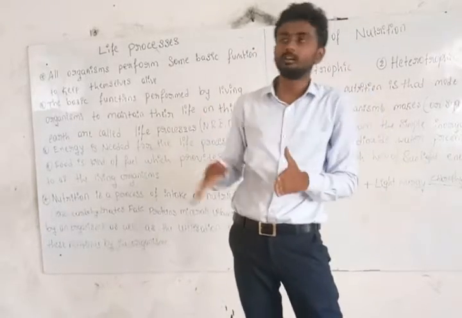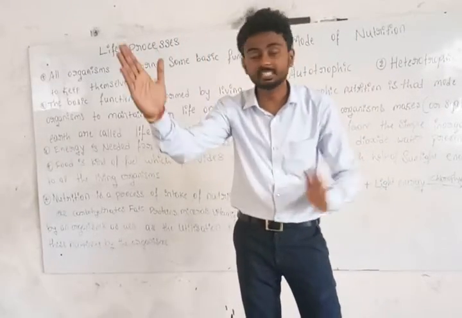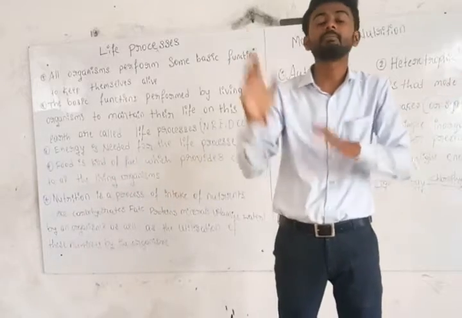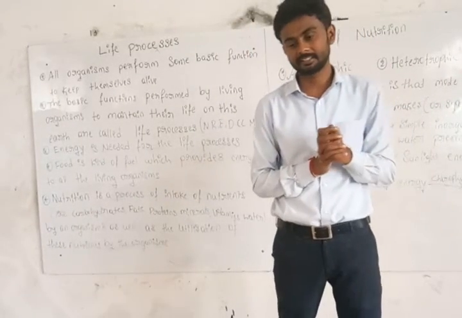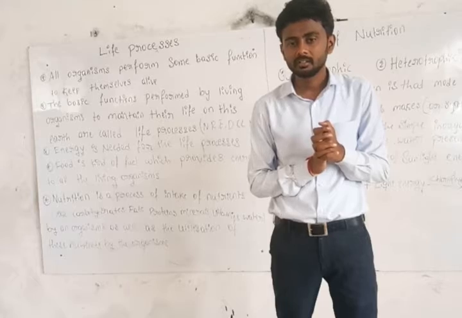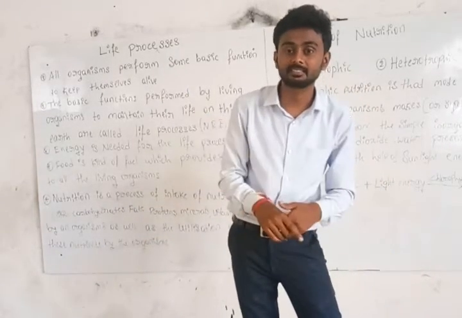Just observe and compare the biotic and abiotic, the living things and the non-living things. A lot of differences are there between living things and non-living things. Yes or no? On the basis of the characters we find this one is a living thing.